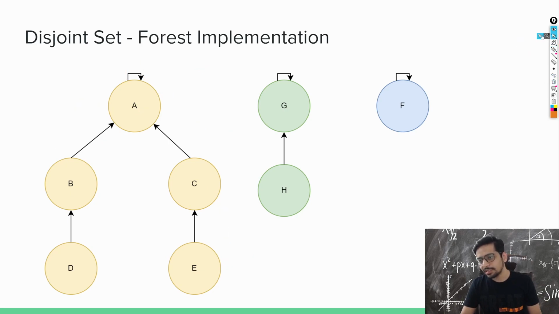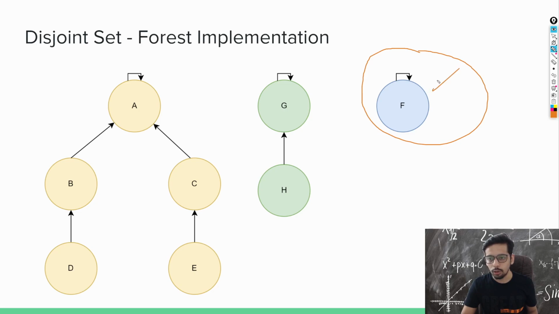Now, we will discuss the complexity of find operation in some time, but let's discuss make set. So make set is very easy. Just create a new node, make its parent pointer point to itself, and you're good. O(1). How about union? Union is also very easy.